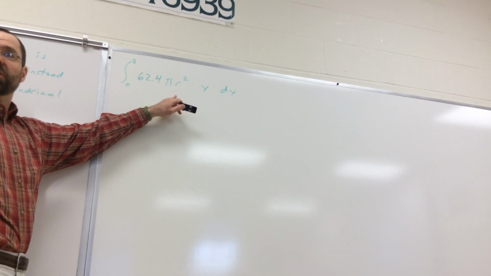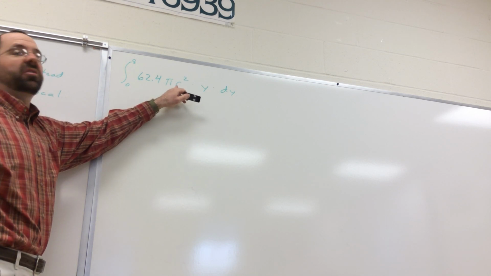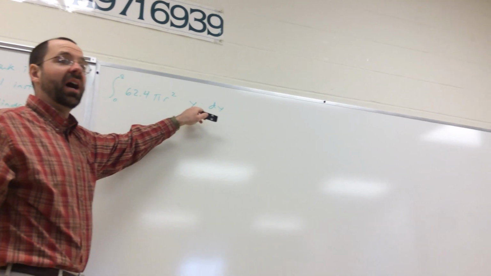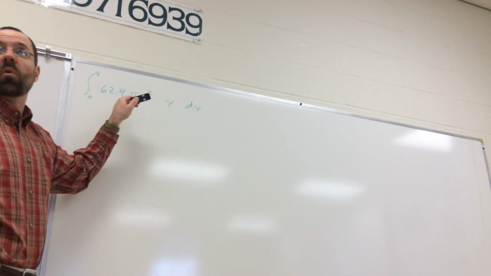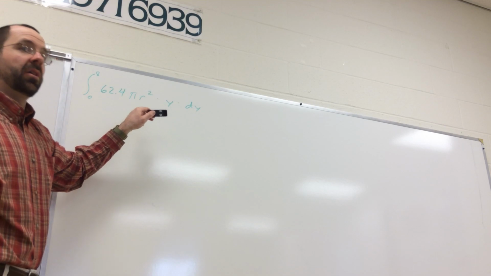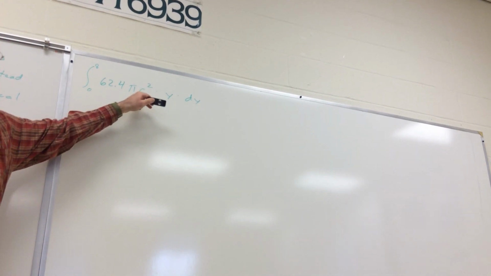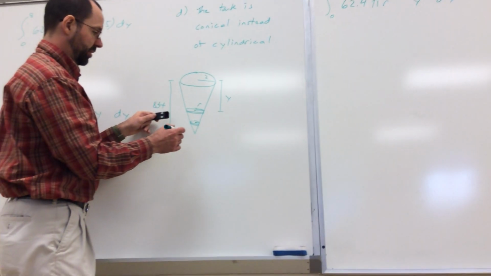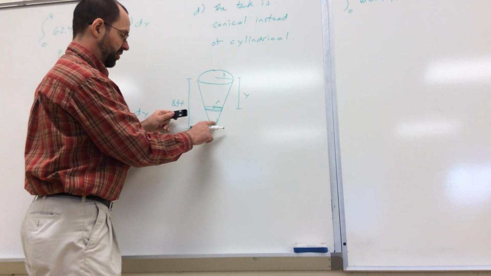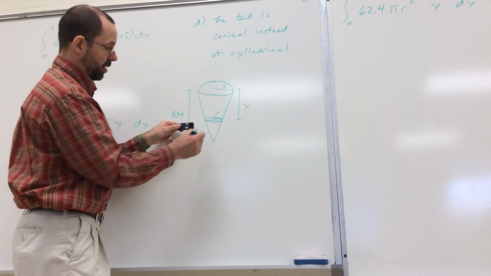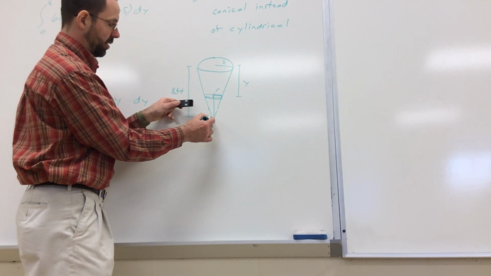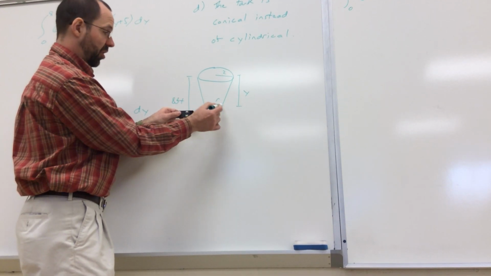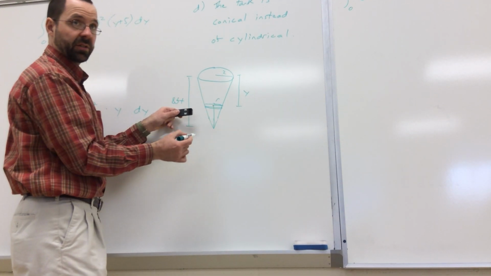So now everything's really good, except I have to somehow figure out what this r is. Because I can't have an r mixed with a y in the same problem. It's got to all be y's. All right, so to accomplish a formula for r, I'm going to look back here at what r is. So let me get rid of this extra water here. There's a triangle inside the cone that's r this way and height that much.